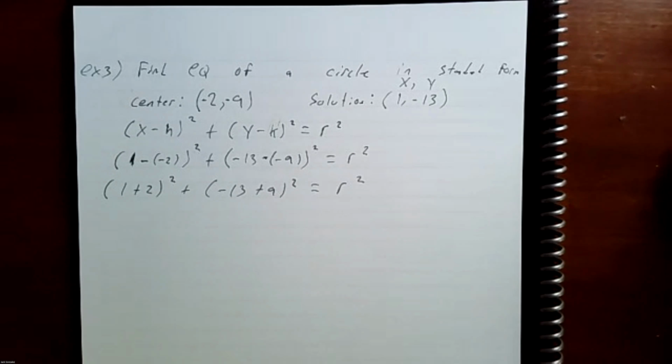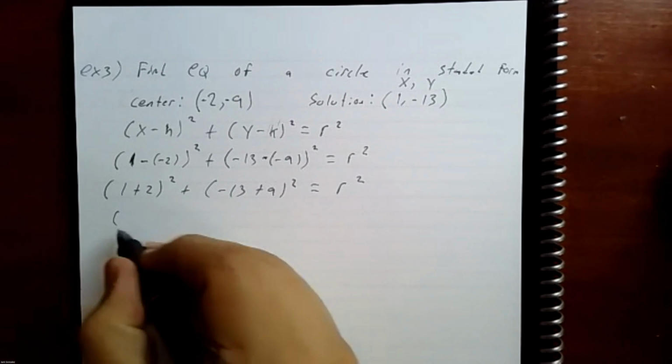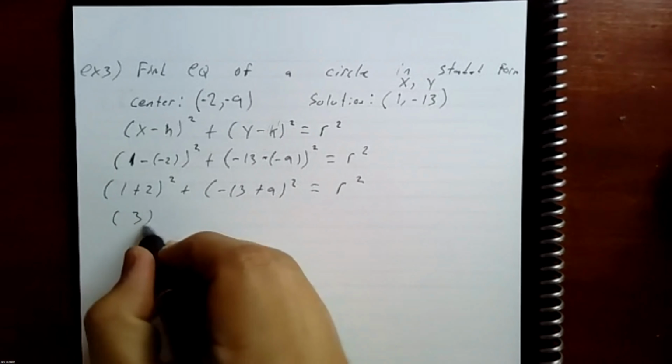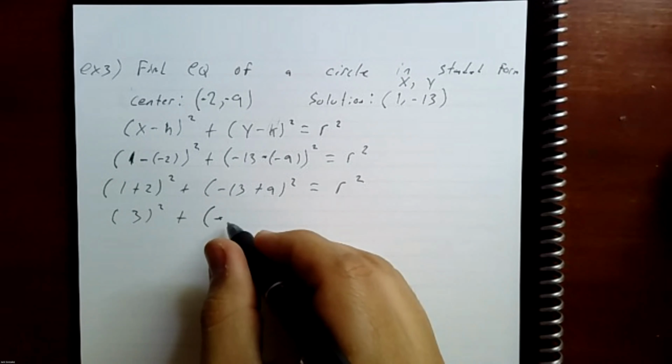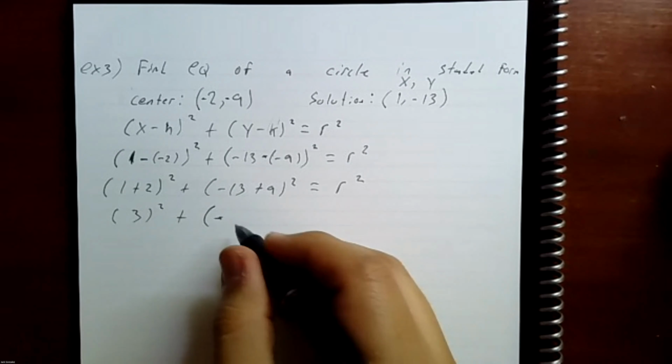So at this point, just solve for R. And we'll have the radius, which means we have the radius and center. So we can find the equation at that point. So 3 squared plus -13 plus 9, that's going to be negative what? 4. -4. Yeah, 4, right?